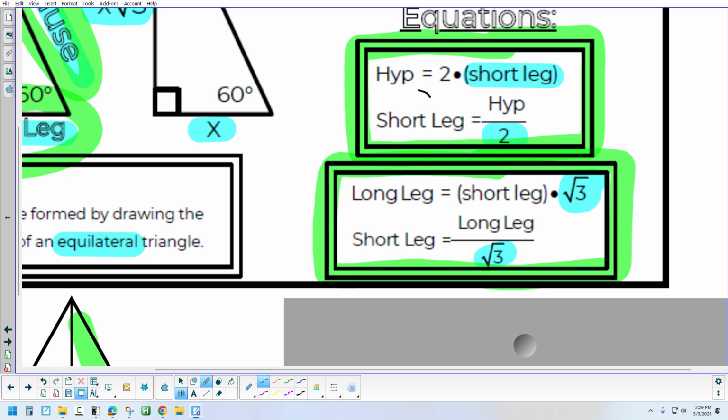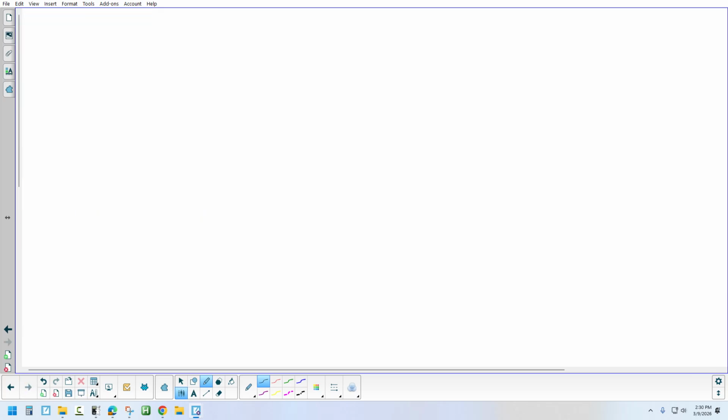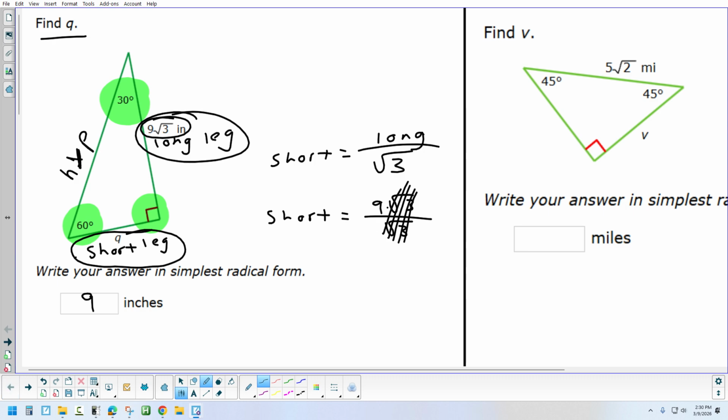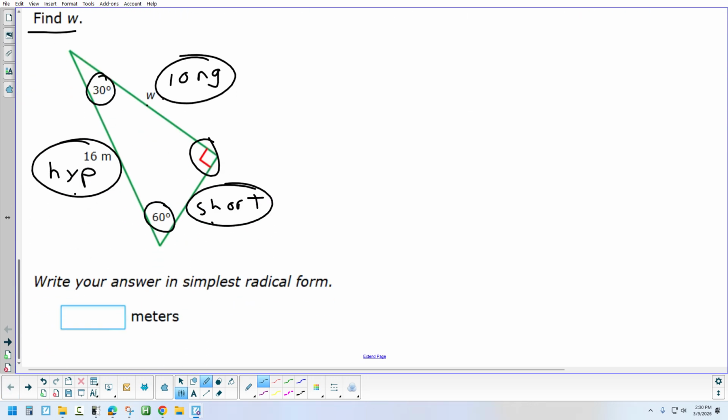This one right here. Again, is that the answer they really want us to write? No, but we can't do it without it. So we've got to do that one first. It says short equals hypotenuse divided by 2. All right, let's go back to our problem. Short equals hypotenuse over 2.